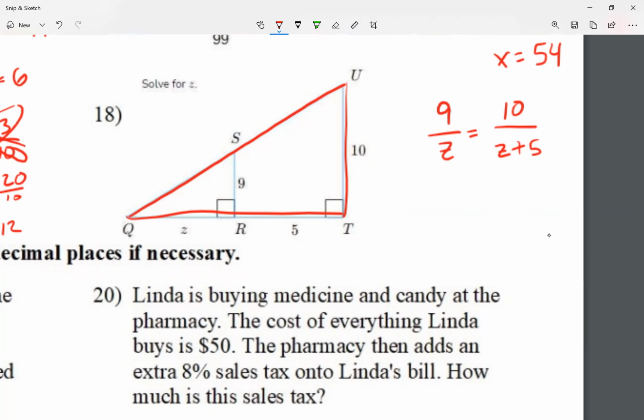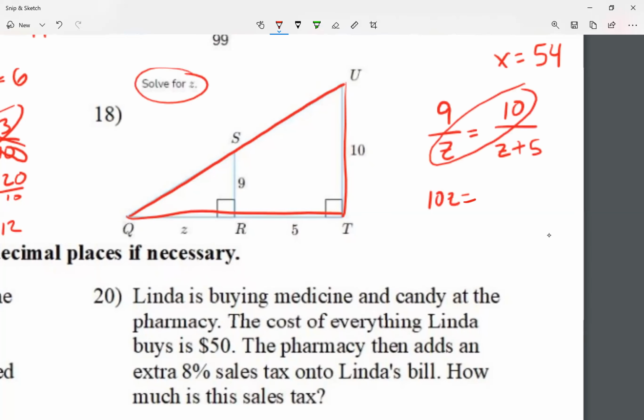And then my instructions here say solve for Z. Okay. Let me cross multiply it. When I go here, I'm going to go the easy route first. 10 times Z, that's 10Z. We learned this other way that when we cross multiply and there's a plus or minus there, the number by itself, I'm going to multiply it to both terms on the other side. I'm going to go 9 times Z and 9 times 5. So that's going to give me 9Z plus 45.